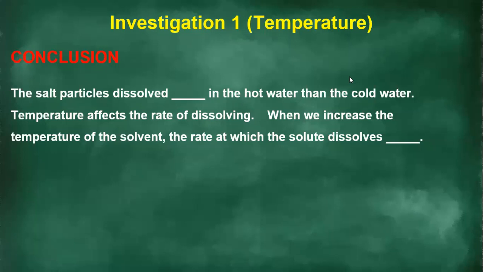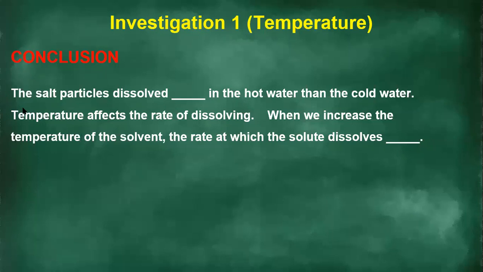Now, the conclusion of this experiment is the salt particles dissolve faster in the hot water than the cold water, and the temperature affects the rate of dissolving. And when we increase the temperature of the solvent, the rate at which the solute dissolves is faster. Okay, so I'm going to repeat this one more time. I'm glad you love science, Ocean.